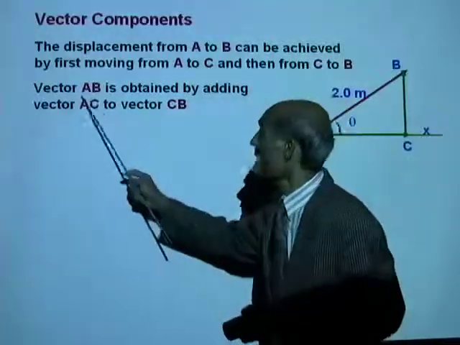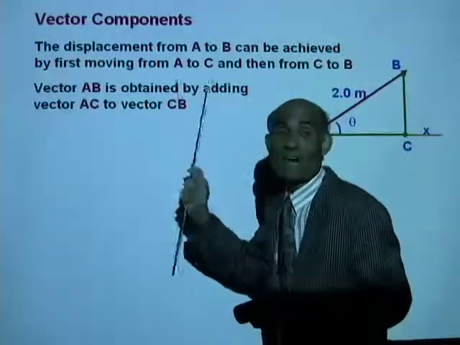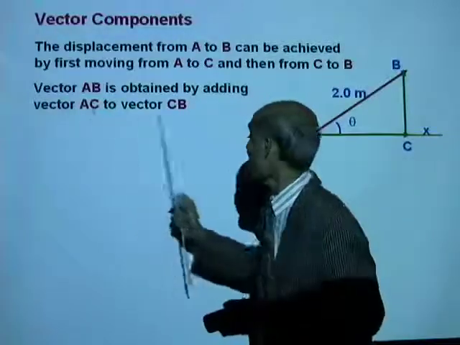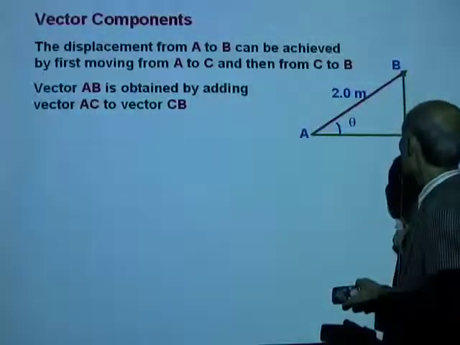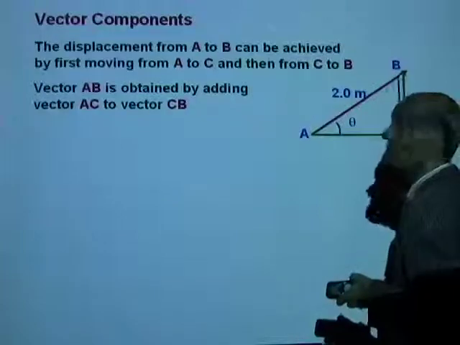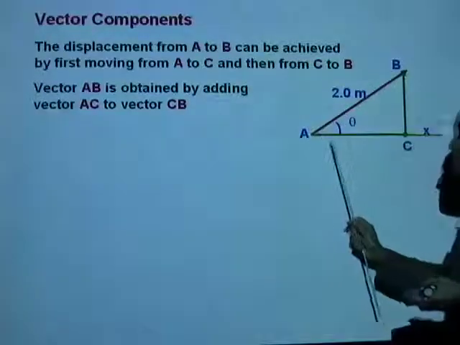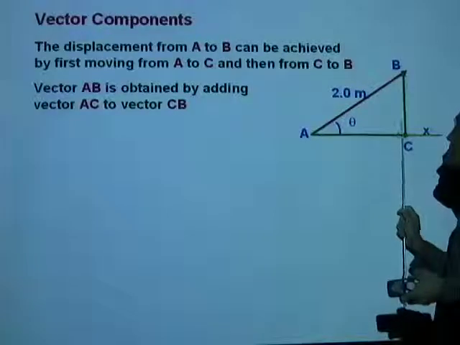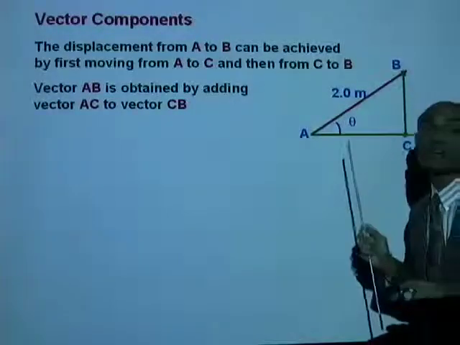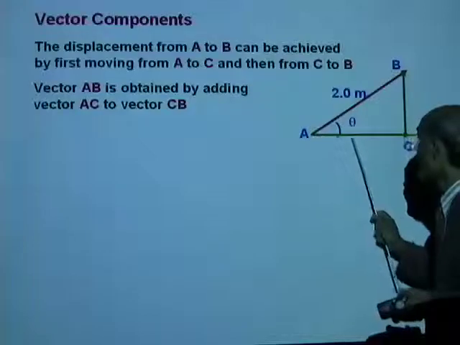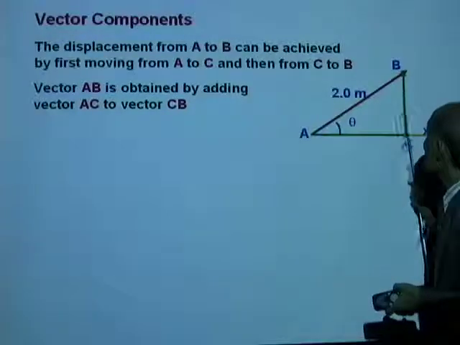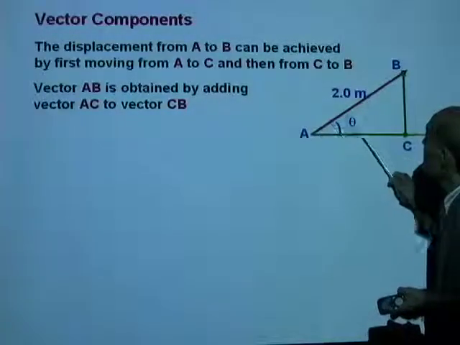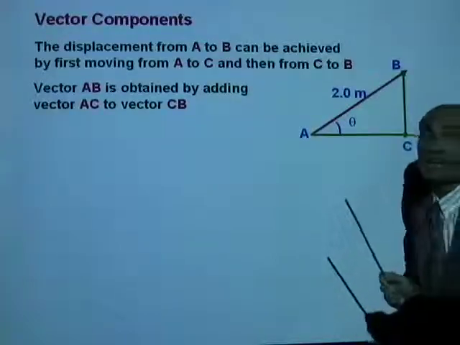That means vector AB can be obtained by adding vector AC to vector CB. Now I want you to understand that AC is a vector, CB is another vector. So if you add vector AC to vector CB, the result is vector AB.